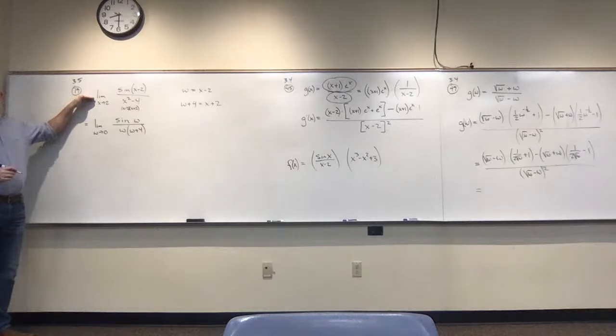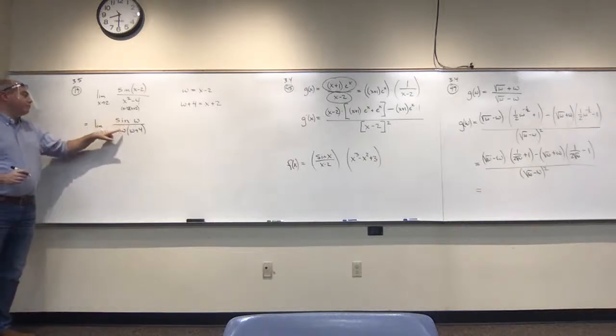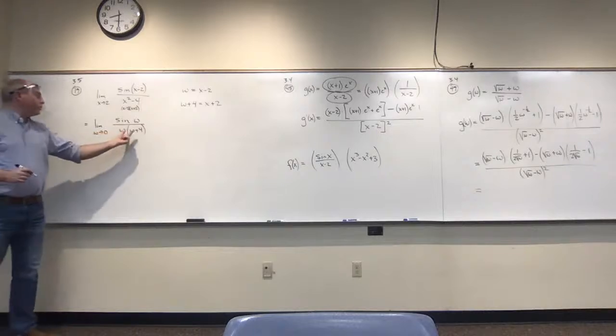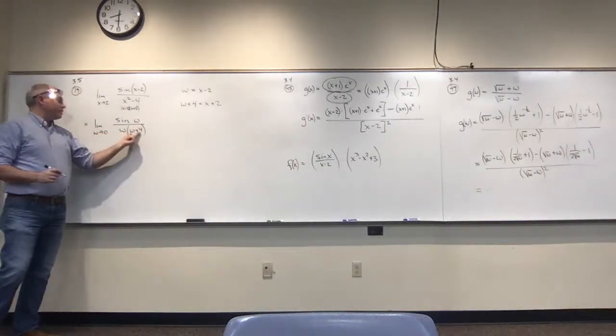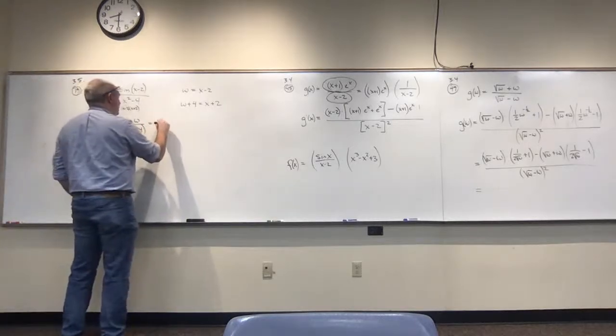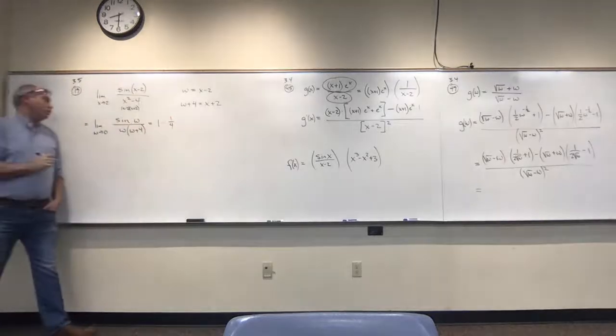Does that make sense? So I just made a change of variables, and now I've got the limit as w goes to 0 of sine of w over w, but of course I know that's 1. And then the question is, what about when w goes to 0 here? That's going to be 4, right? So this is equal to 1 times 1 over 4, or just a fourth.